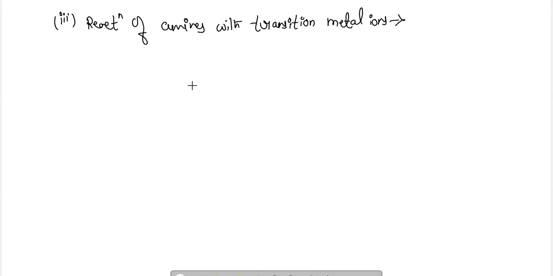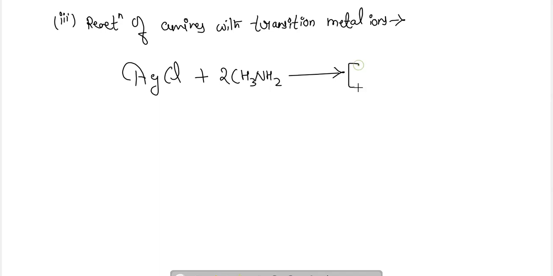So first, if silver chloride is reacting with an amine, that is methylamine, then a soluble complex salt, that is a soluble complex salt of silver and amine, will be formed here.